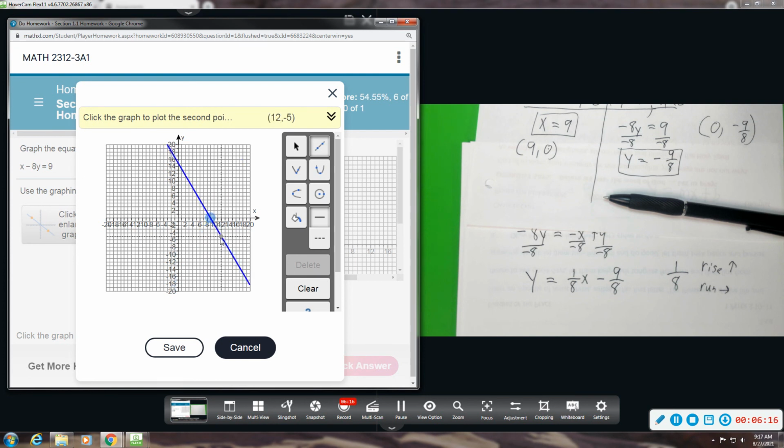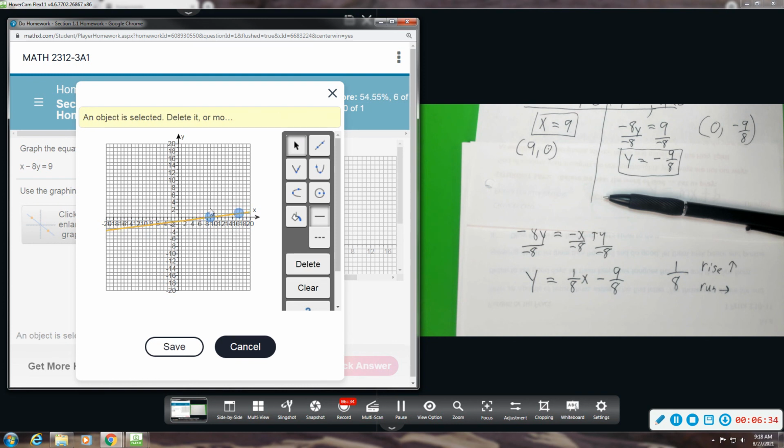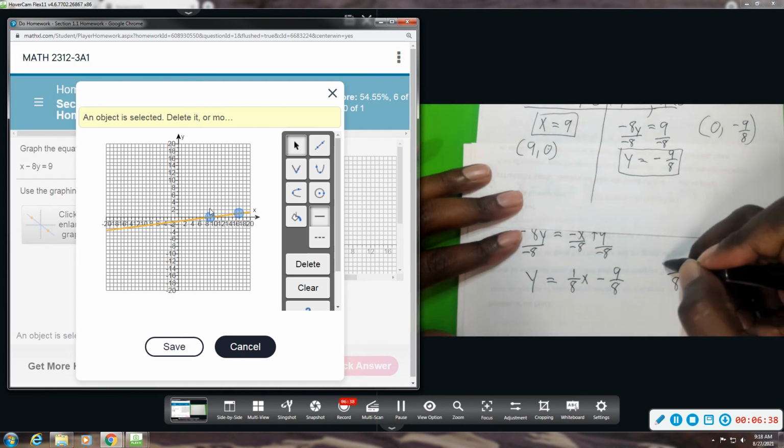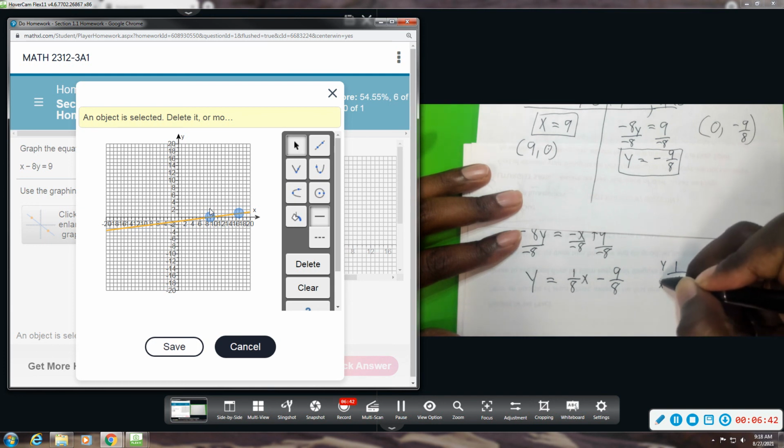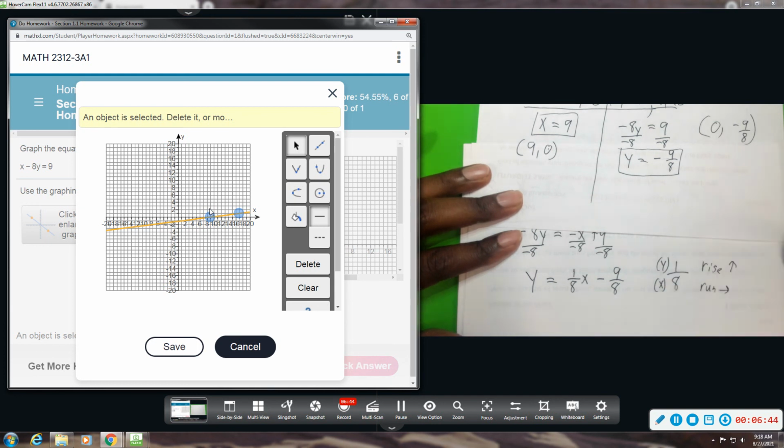From there, we're going to use our slope to find another point. We're going to go up 1 and then right 8. 1, 2, 3, 4, 5, 6, 7, 8. Okay. If one thing helps you, the y is on top, so y is going to increase by 1. The x on the bottom is going to increase by 8.